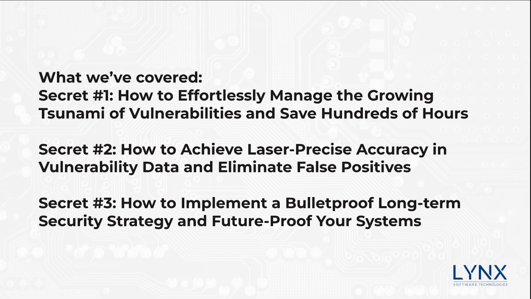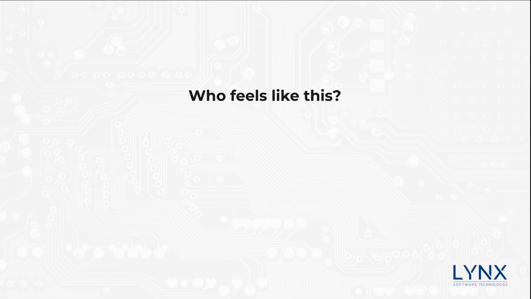This allows you to focus only on critical issues that truly matter and avoid chasing ghosts in your system. Finally, you learned how to create a robust, proactive security strategy that not only addresses current vulnerabilities, but also protects you for future threats, making it easier to ensure your systems are always secure.